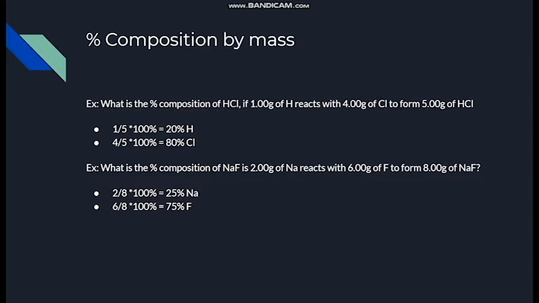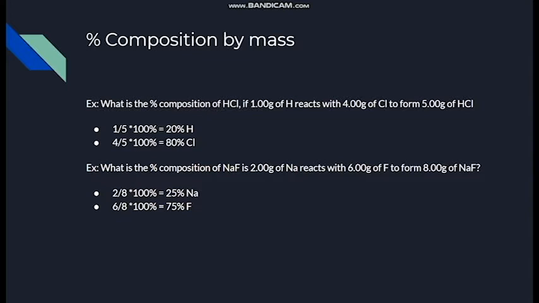So 1 divided by 5, multiplied by 100%, gives you 20% hydrogen. For chlorine, since we have 4 grams reacting to form 5, we divide 4 by 5 and multiply by 100%, and we get 80% chlorine by composition.